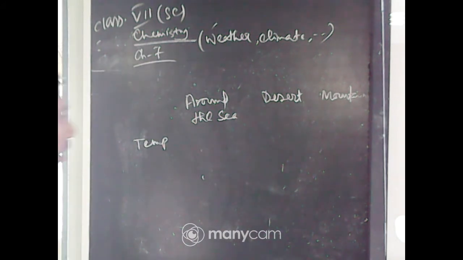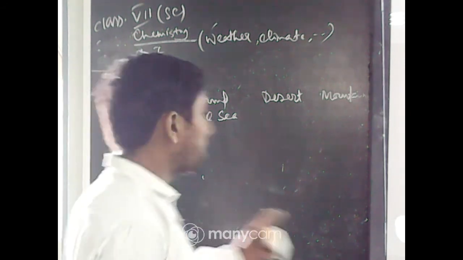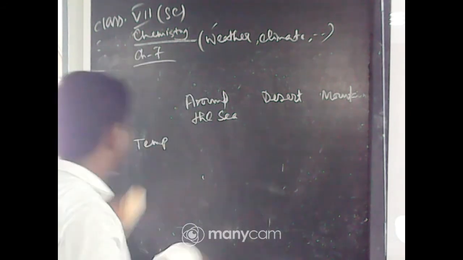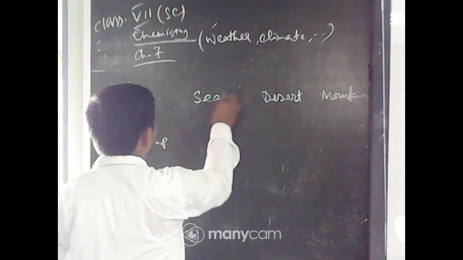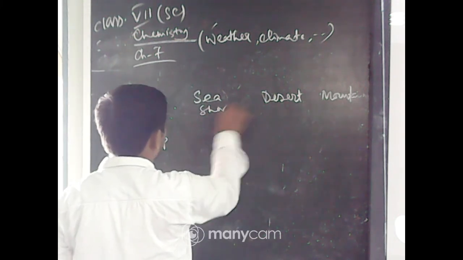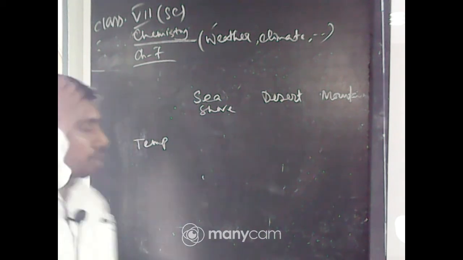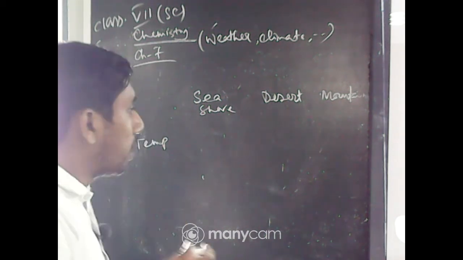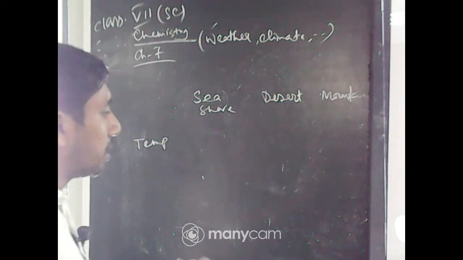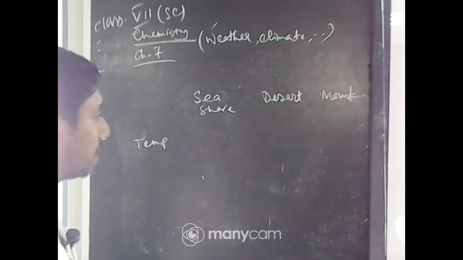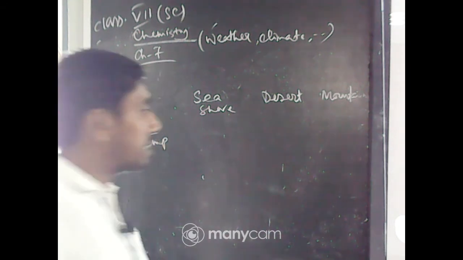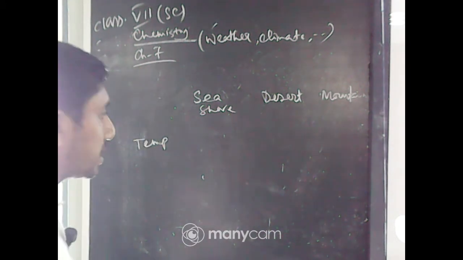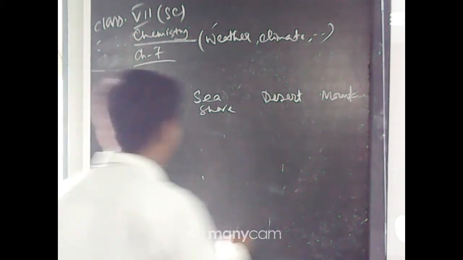Yes, it is for the desert, but I have not completed up to the sea, around the sea or the seashore. Debayan and Sanchari, you are telling about the desert, but I am asking you what is the temperature in the sea. Yes, Jothartho has given the correct answer.